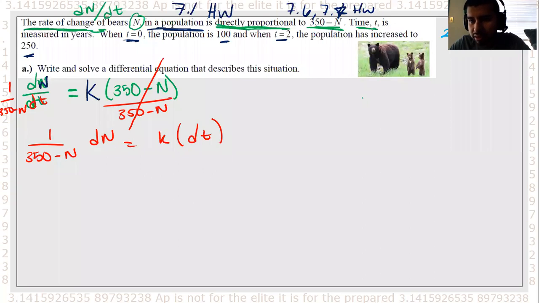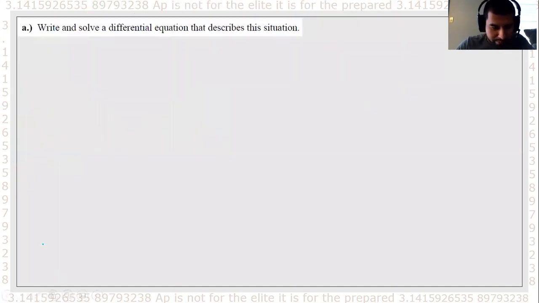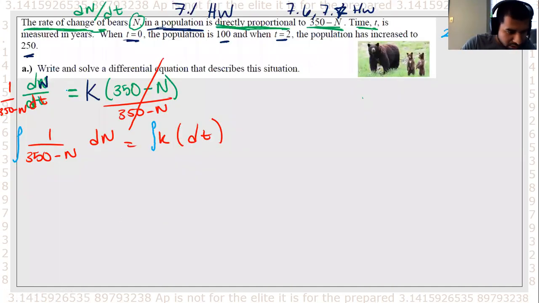Then we remember that we need to integrate with respect to t. This one is going to be a little tricky because my n is in the denominator, so hopefully this doesn't mess you up.